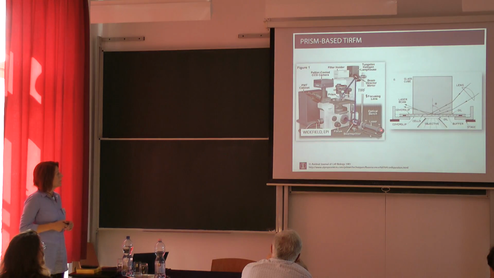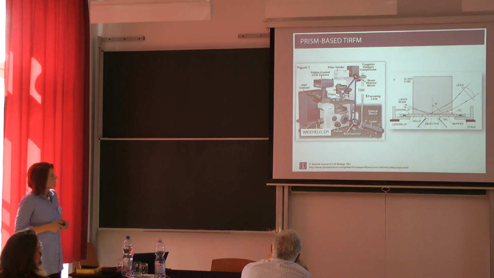This is the laser, which is directed upwards and then to the sample. On the sample we can find a prism, which is enlarged here. That was the first solution proposed by Daniel Axelrod.